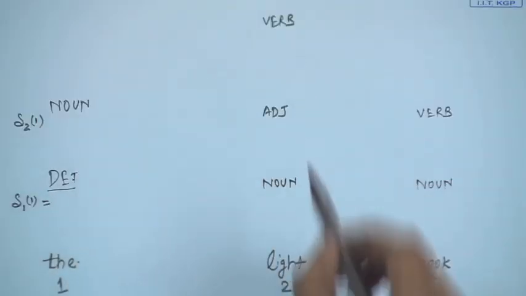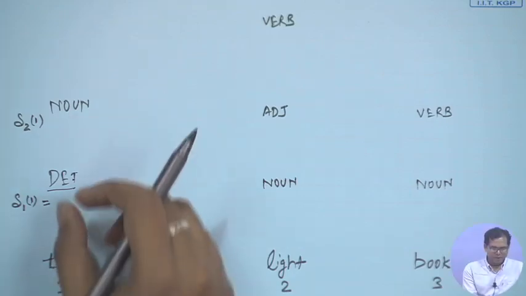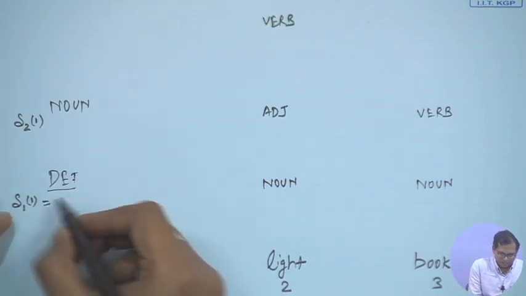Now the question is, how many tags would you assume? Here you can take any assumption. In this question you are shown only 4 tags: determiner, noun, verb and adjective. So assume there are only 4 part of speech tags, and each one has equal probability of occurring at the start of the sentence. So the probability of determiner occurring at the start of the sentence will be 1 by 4.